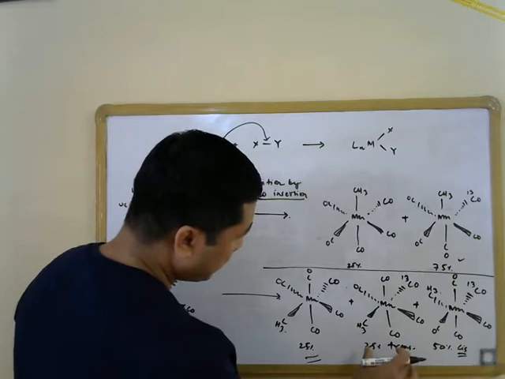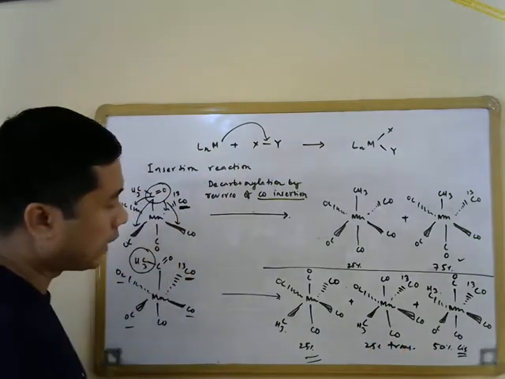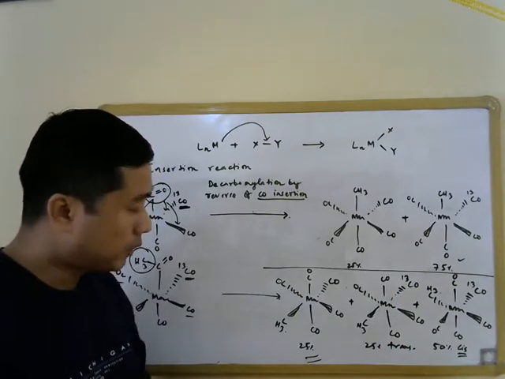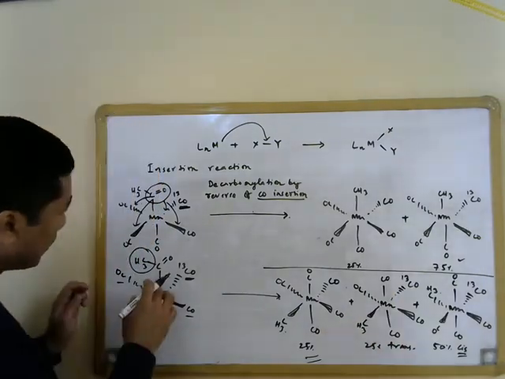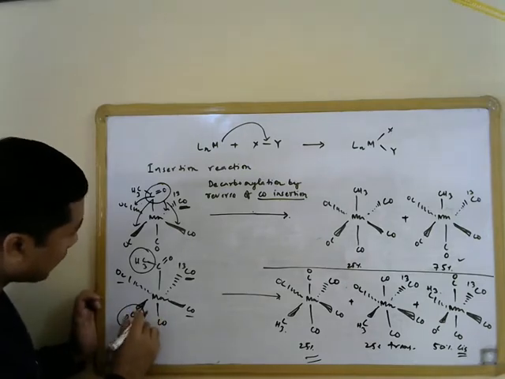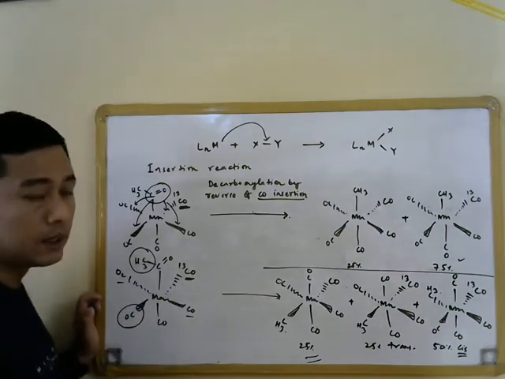Or then, 25% we obtained are the trans isomer, that is the methyl group is trans to the 13 CO group. So there is one CO group over here which is trans to this 13 CO group.